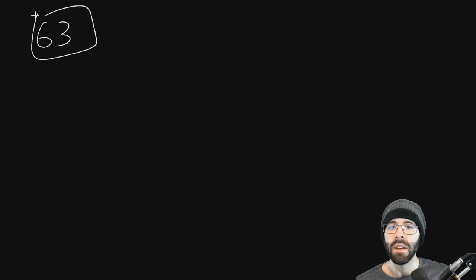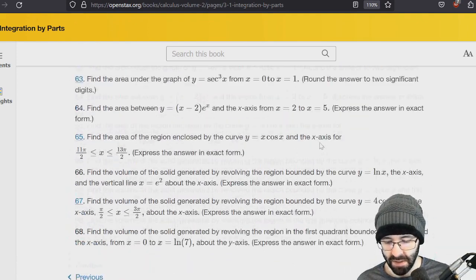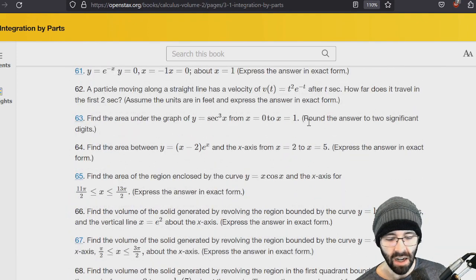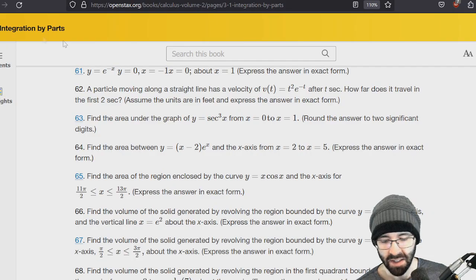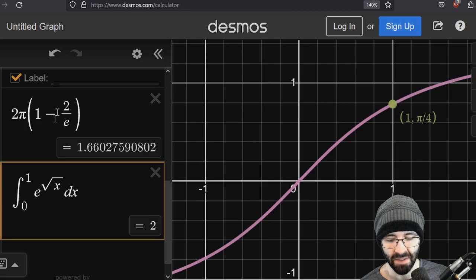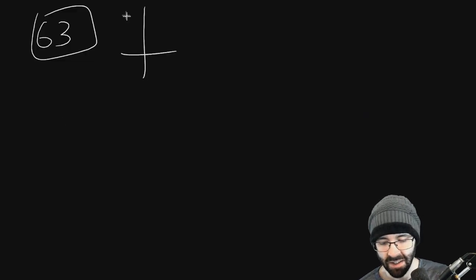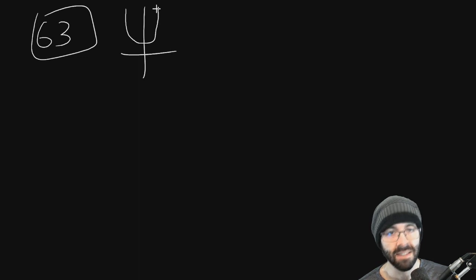63. Find the area under the graph of secant cubed from 0 to 1. What does secant cubed look like? I'm pretty sure it's just going to look kind of like this from 0 to 1. I think this will be our area.